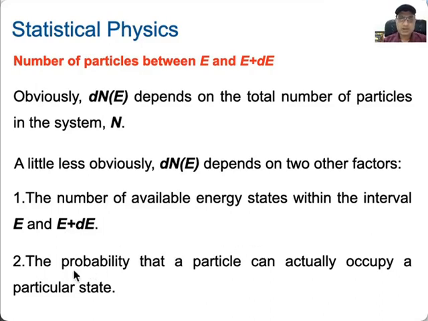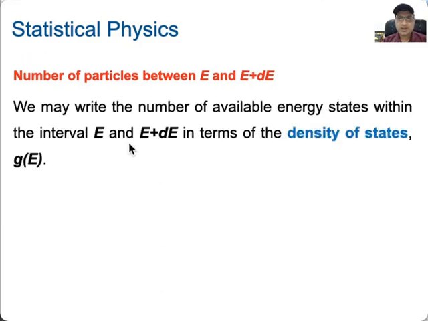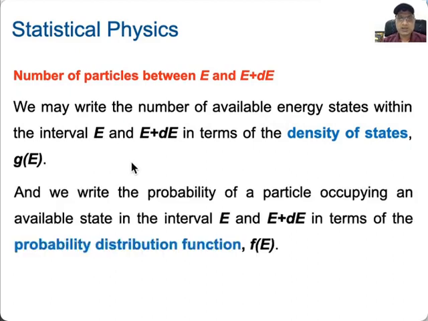The second crucial quantity on which D(E) depends is the probability that a particle can occupy a particular state. So D(E) depends on one important quantity which we denote as G(E), the density of states, which gives us the number of available energy states between E and E plus dE.